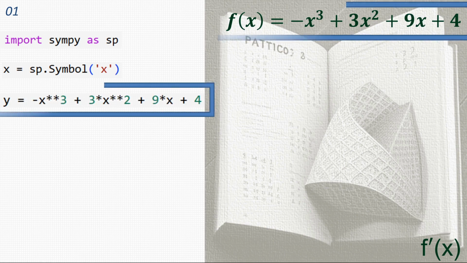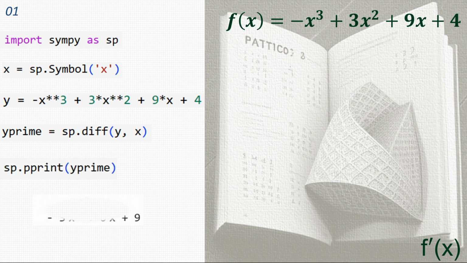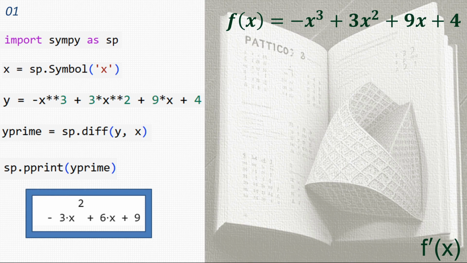Please note that double asterisks represent the exponentiation operation. Finally, we instruct the system to find the derivative. The derivative is then stored in the variable y prime. To visualize the derivative expression, we print the value of y prime to the terminal. By following these steps, we can efficiently explore derivatives and gain a deeper understanding of mathematical expressions through code.